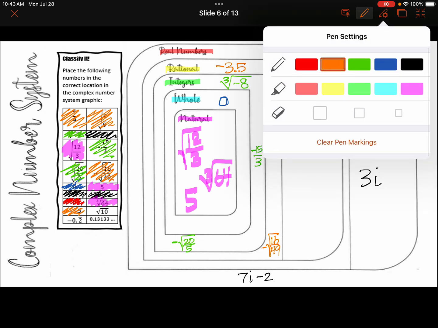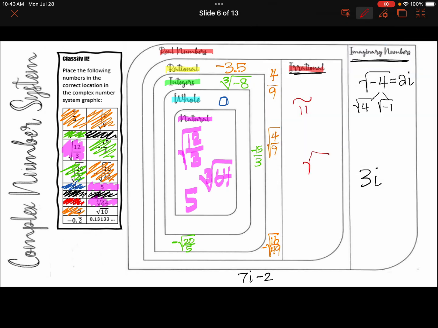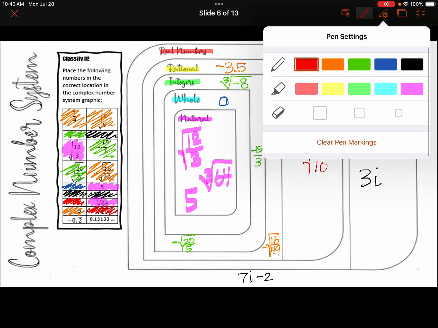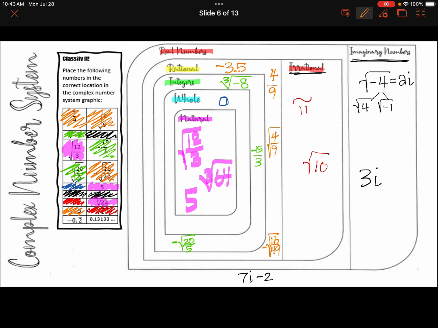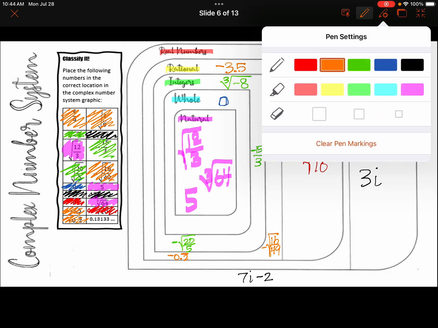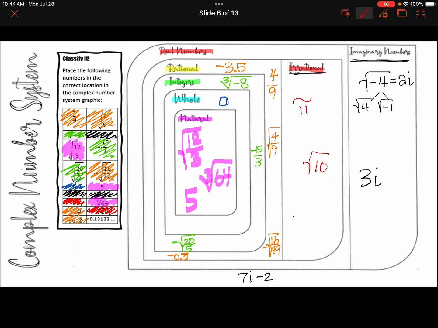Square root of 10 is not a perfect square, so it's going to be irrational. Negative 2 repeating would be 2/9, so it is again going to be rational. And 0.13133 keeps going on. It's not repeating, so that is irrational.